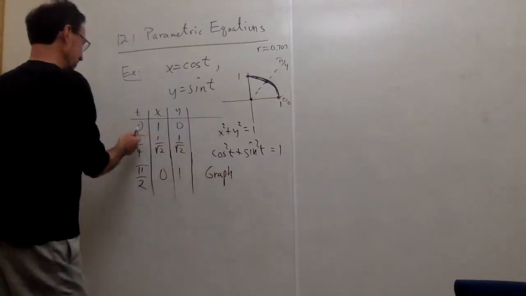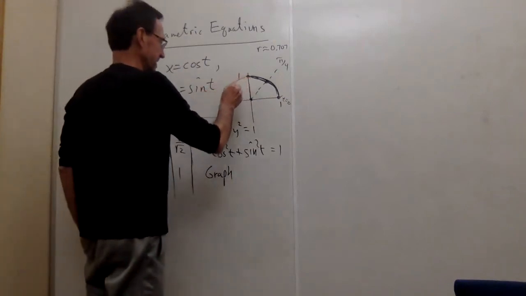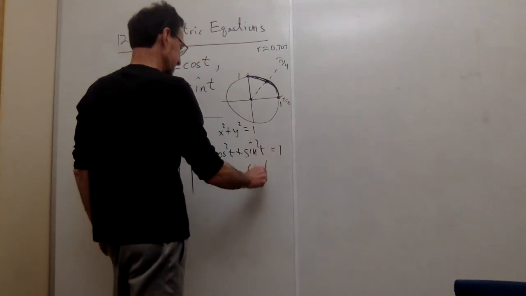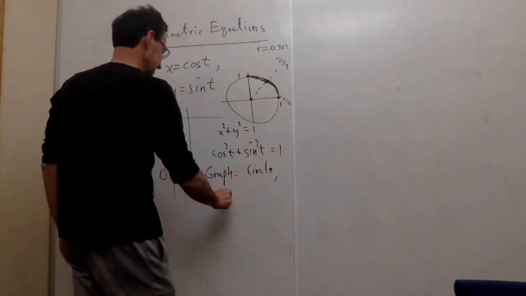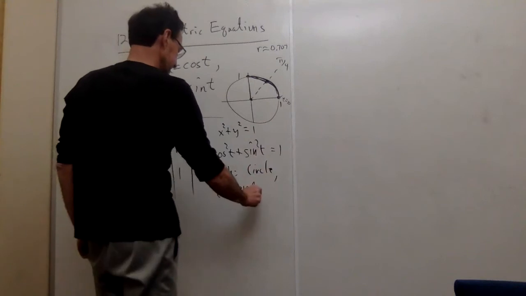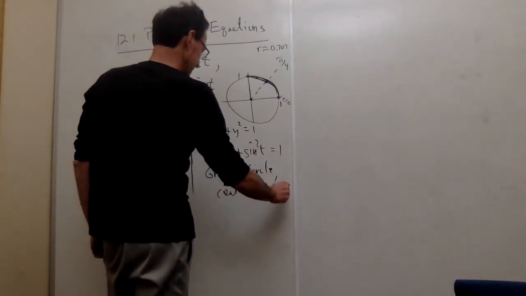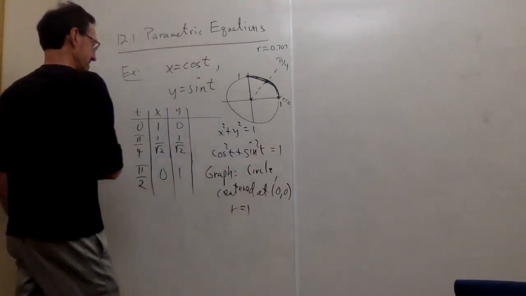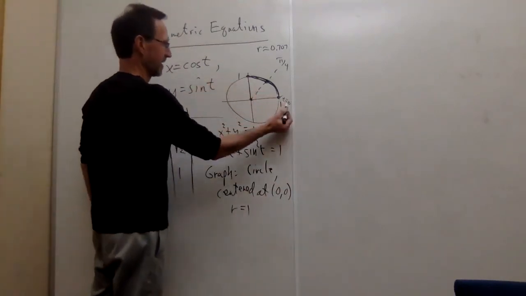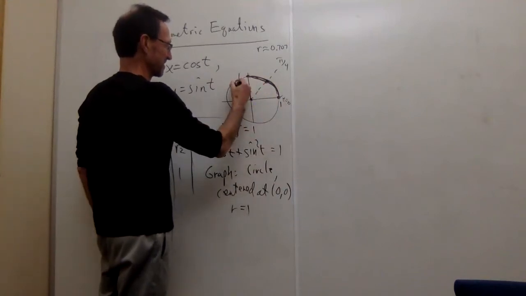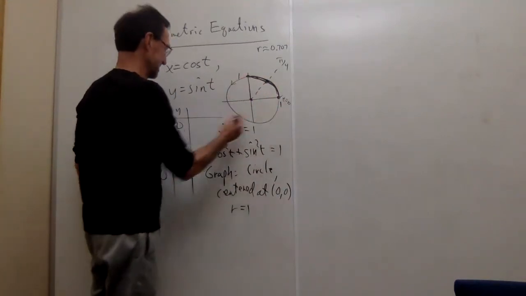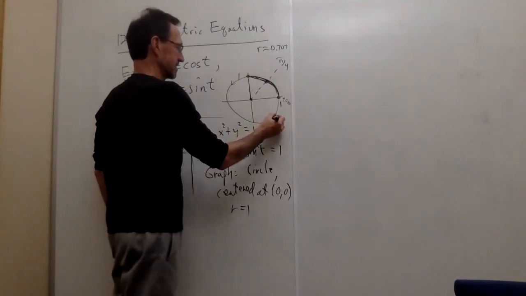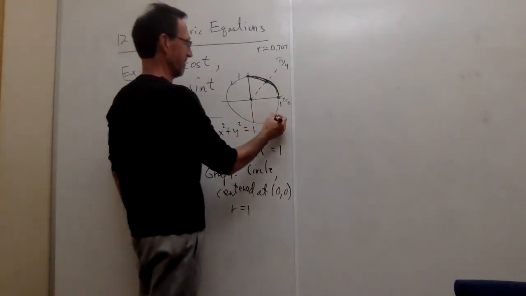And if I let t go through all of the quadrants, we're just going to trace out the rest of the circle. The graph is a circle centered at the origin. Radius is 1. The orientation, I labeled t equals 0. I didn't label the others, but clearly, as t increases, we're tracing this circle counterclockwise, consistent with how we learned to measure angles way back in the day.